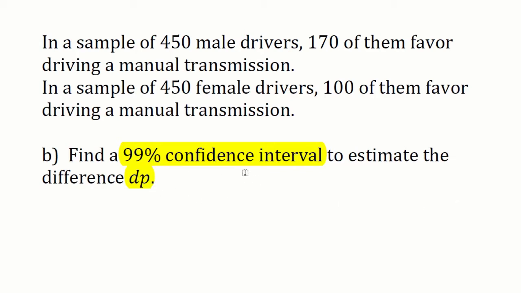That's a couple of highlights to catch regarding this question that we're about to do. And right from the highlighted information, the question is intended for us to find a confidence interval.